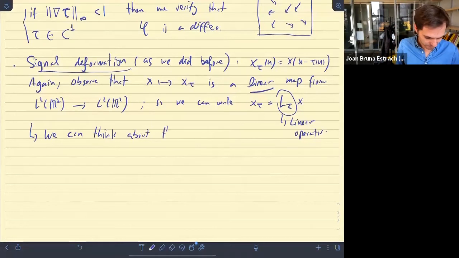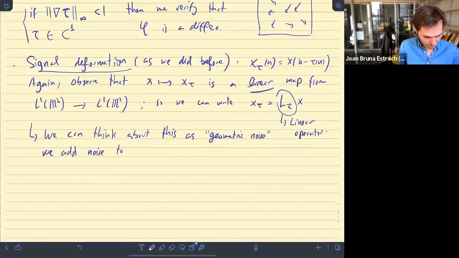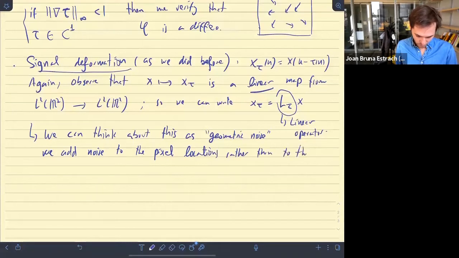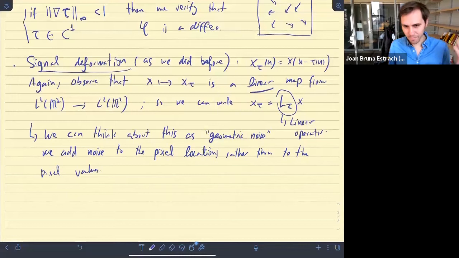So it's a geometric noise. We add noise to the pixel locations rather than to the pixel values. This is just for you to get a good mental picture.